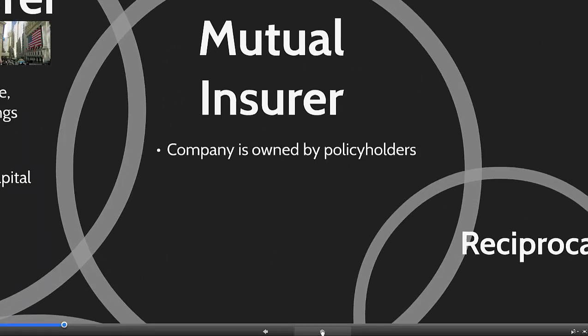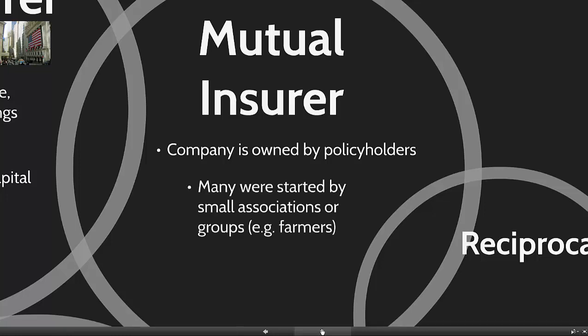A mutual insurer is an insurance company that is owned by its policyholders. In a sense, you can think of the policyholders as shareholders in the company. And the way that it works is one policy with that company equals one share. Many insurance companies that are mutual companies were started by small associations or groups, such as farmers, religious organizations, or some kind of industrial organization.